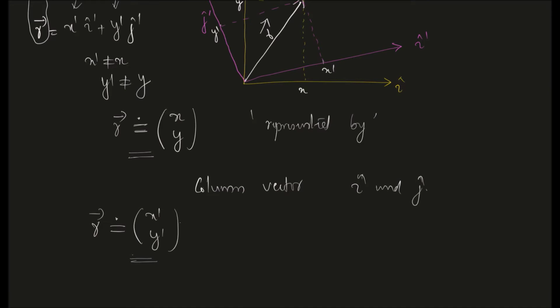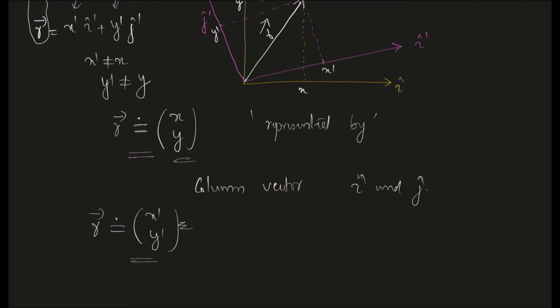This is one column vector and this is another column vector, two different column vectors representing the same vector r. So equivalently, if we had two column vectors with exactly the same numbers in two positions, we could not conclude that they represent the same vectors unless we were told that the basis vectors were the same in each case.